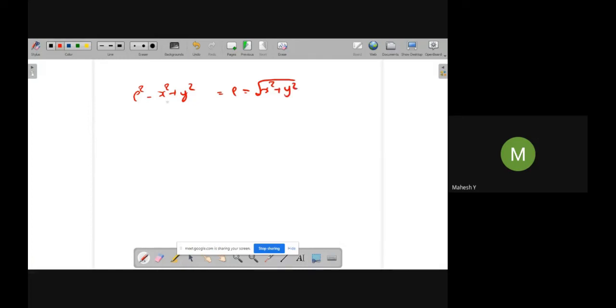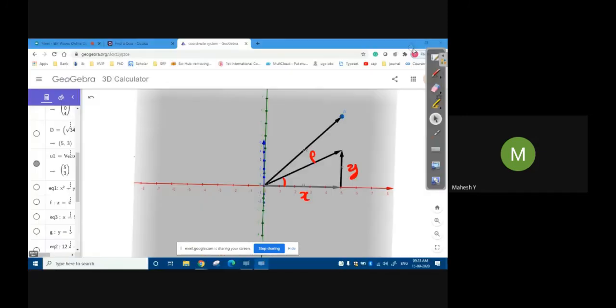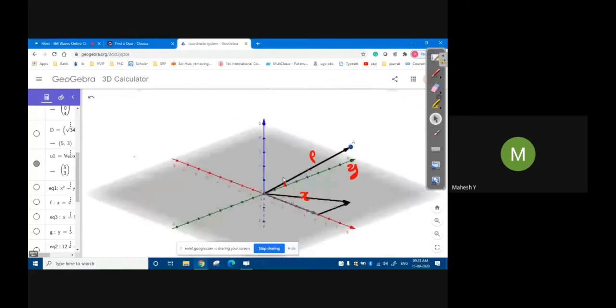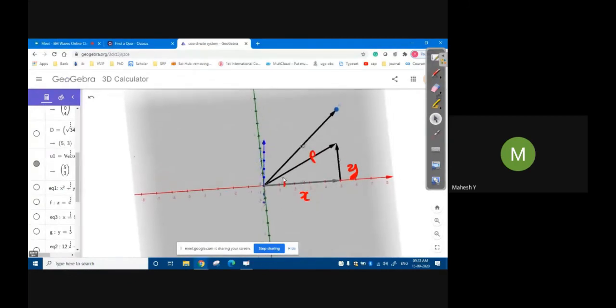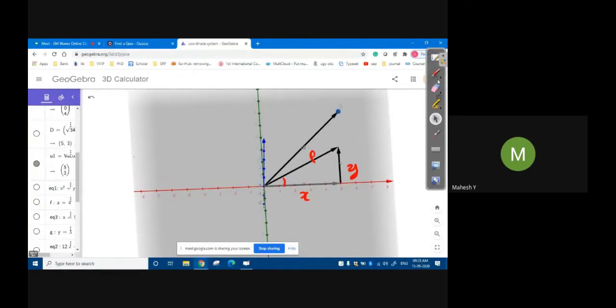Okay. Now what is phi? This angle phi. So what is tan phi here? Tan phi is opposite by adjacent.